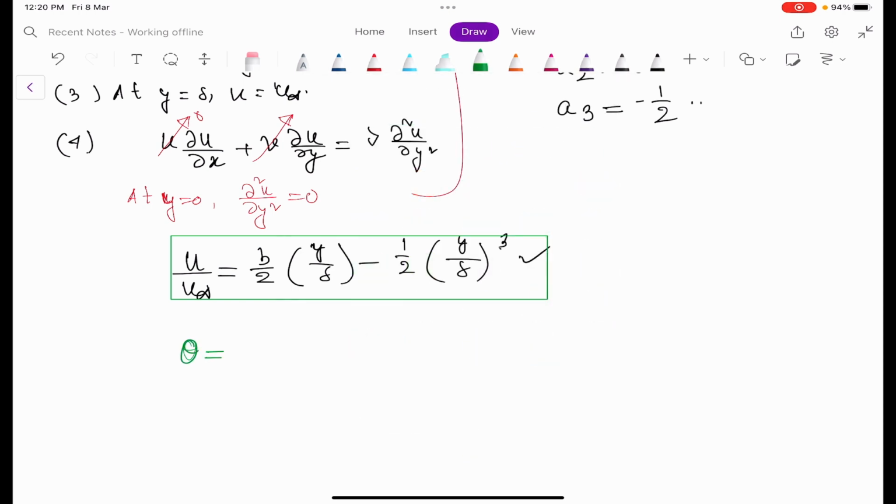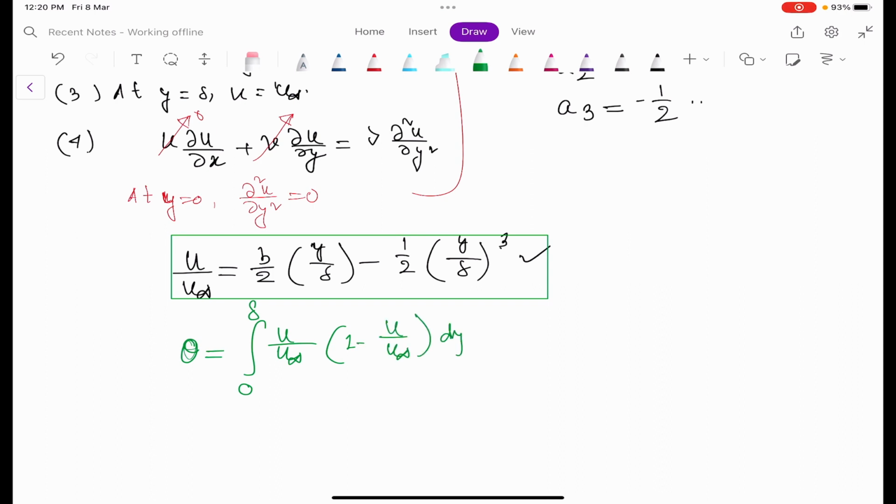To calculate theta, the formula of theta, if you write in terms of eta, I am doing from the basic steps: integral 0 to delta of u by u infinity into 1 minus u by u infinity dy.